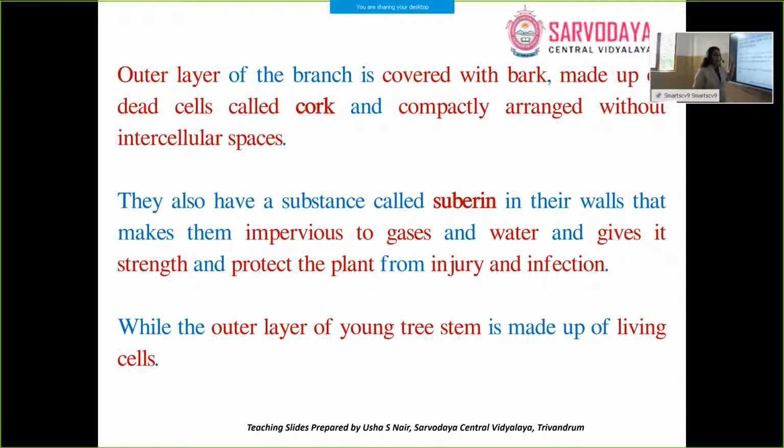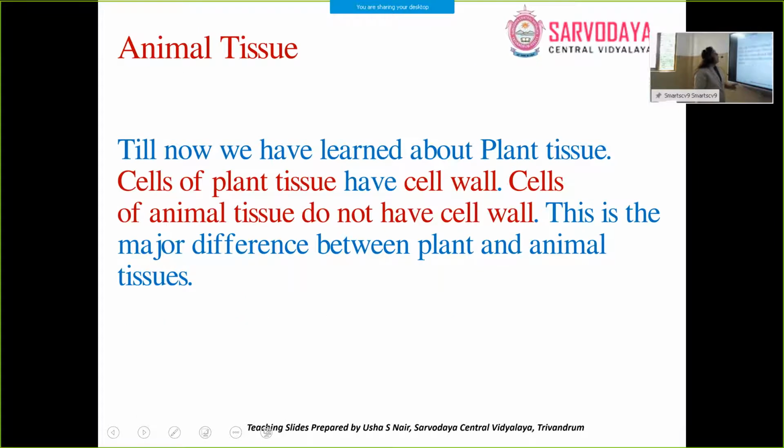Here you must understand that it's mainly the suberin, the substance in the walls, which makes them impervious to gases. Impervious means impenetrable, and it gives strength and protects the plant from injury and infection. So with this, we are done with our plant tissue.